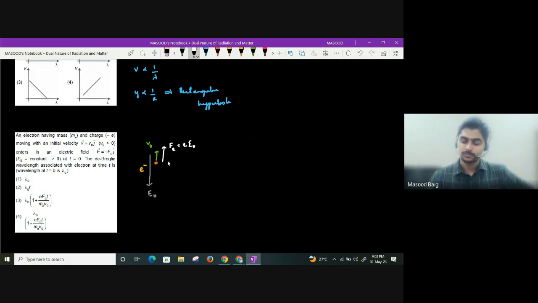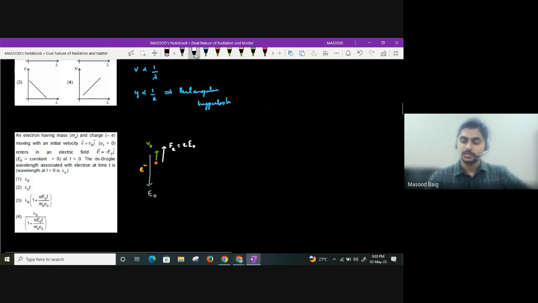Is it constant acceleration? Yes, e value is not changing, E naught value is also not changing. It's an unbalanced force. Usually we neglect the weight. Gravitational force is the weakest force, so in comparison with electric force, we will not consider gravitational force.